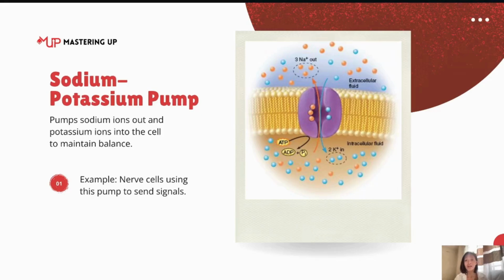This creates a concentration gradient and is essential for maintaining the resting membrane potential, which is important for nerve function and helping cells maintain the right volume and balance of ions. Example is nerve cells use this pump to generate electrical signals for communication across the body.